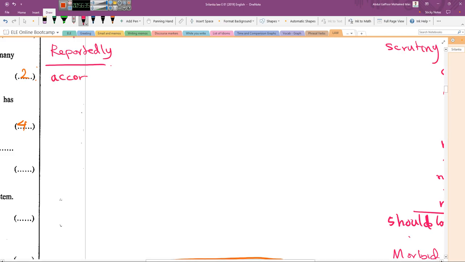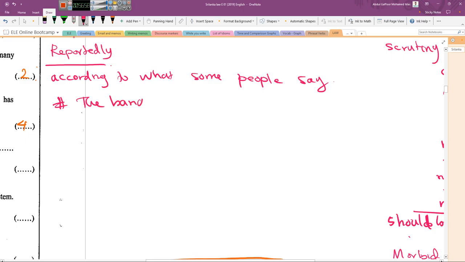According to what some people say. You can understand the meaning of this phrase. Example, the band have reportedly decided to split up.